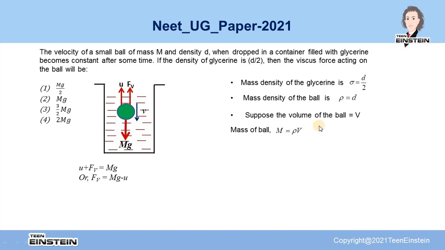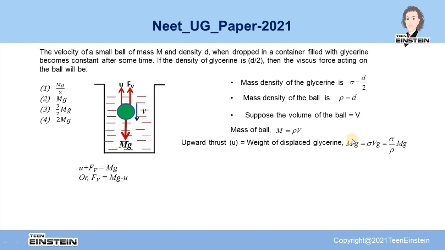Now what is upward thrust? Actually upward thrust will be the weight of the displaced glycerin, or the glycerin displaced by the ball. So that is, suppose M prime into g, that is the weight of the displaced glycerin. So how to find out M prime?